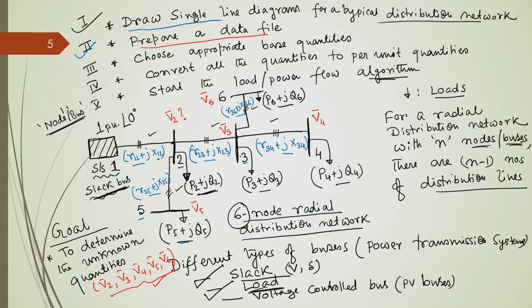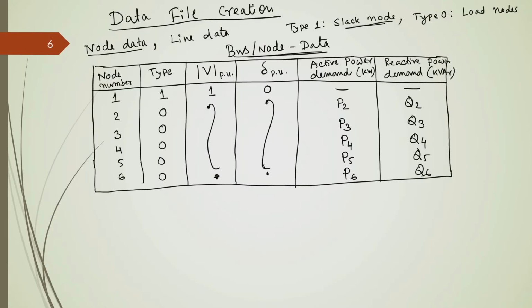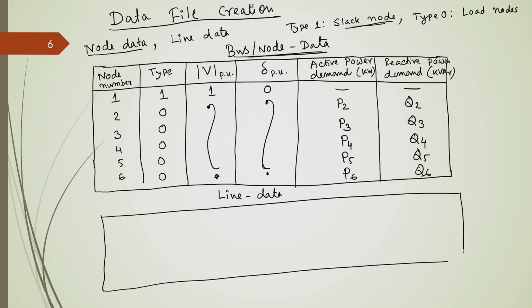This line data will be represented in another table. So, for line data, we will prepare another table. As we have discussed, for a 6 node system, we have 5 lines.